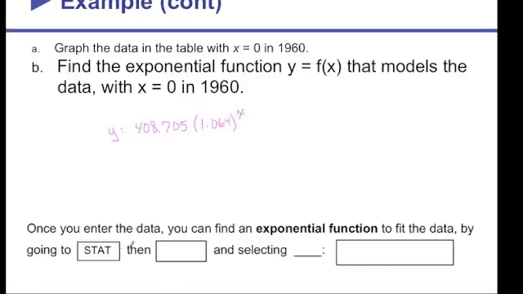And we found that, once you've entered the data, we found the exponential function by going to stat, then calc, and selecting 0, which is the exponential regression.